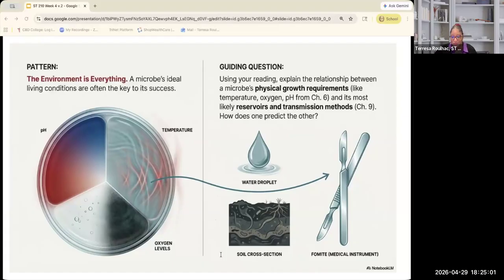So here's the connection. If a microbe survives well in moisture, we think about how it is likely to travel: contact, droplet, or instruments. Growth requirement shapes transmission routes.